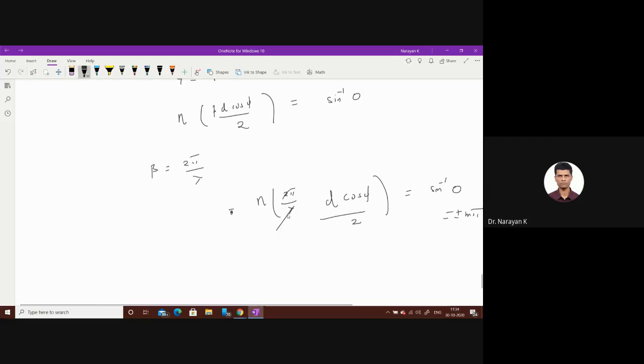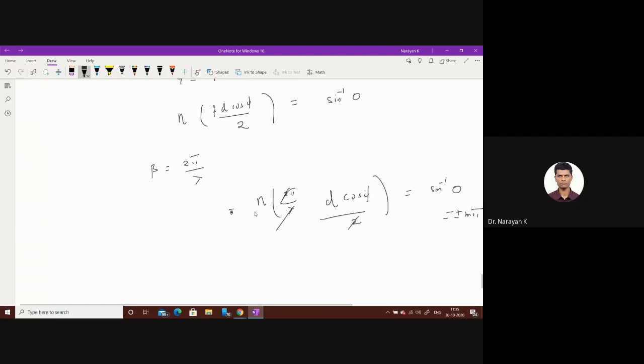Okay. So what will happen is your n by 2 is there. No, this 2 and this 2 will get cancelled. So your 2 pi by lambda. So I'll rewrite this equation so it will be clear for you.